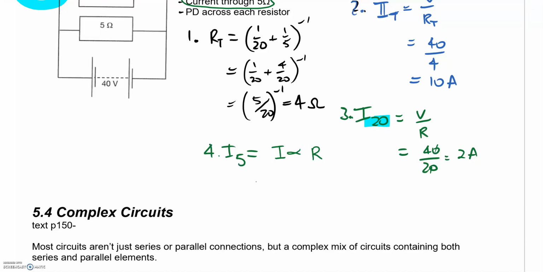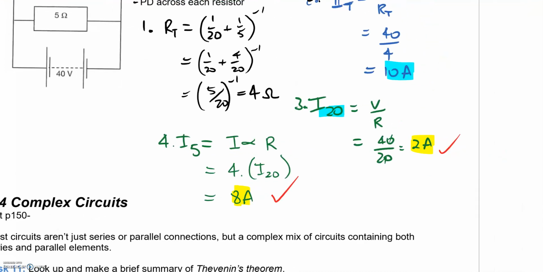So it's going to be 4 times the current in a 20 ohm resistor because I've got 1/4 the resistance. So 4 times 2, we're going to have 8 amps. Always check. 8 amps in one branch, 2 amps in the other. Total current was 10 amps, so we know we're right. These questions have always got like an inbuilt checking system.